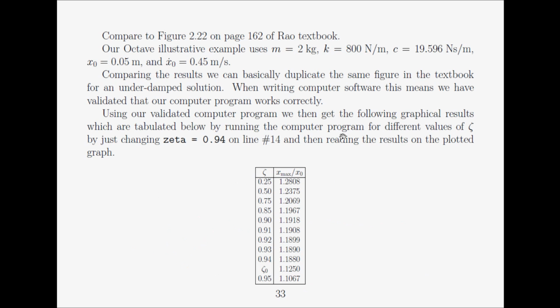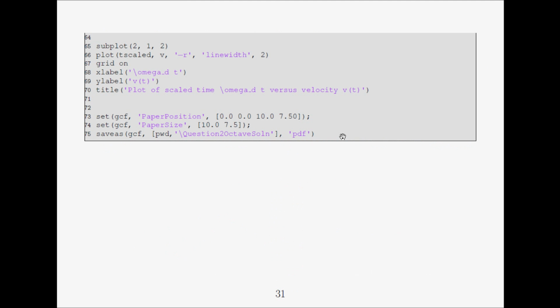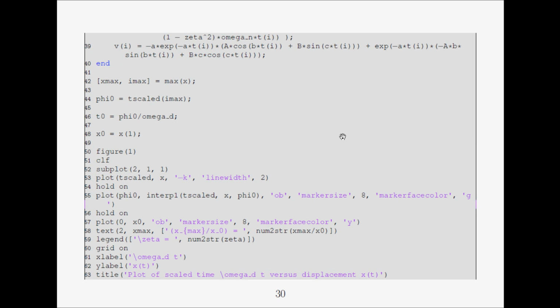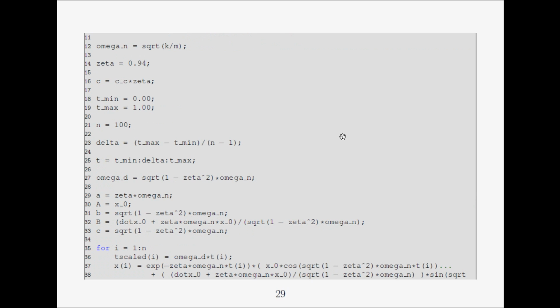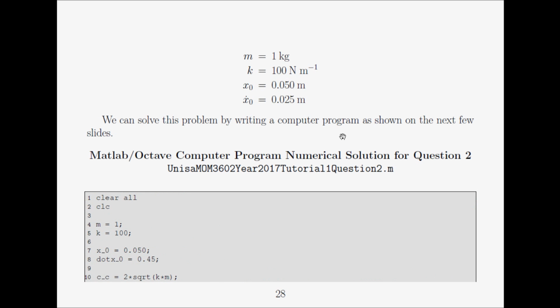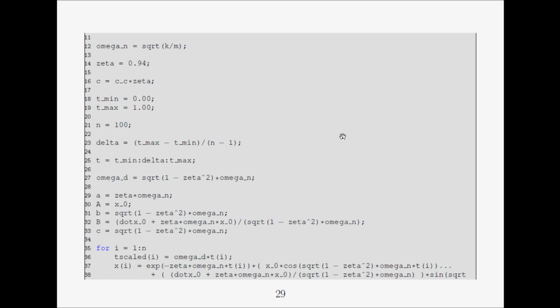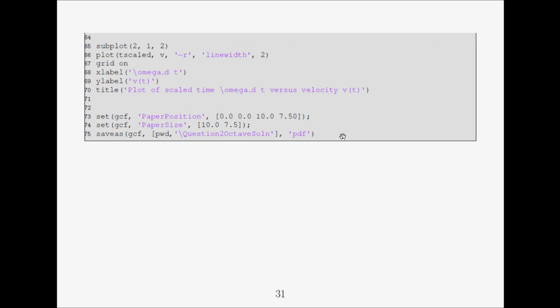So, using the computer program, by putting in different zeta values, in this particular case, looking at our computer code, the initial part of the first few lines is initializing the workspace, clearing the variables, and inputting some data and parameters. On line 14, we assume a particular value of zeta, which is 0.94.